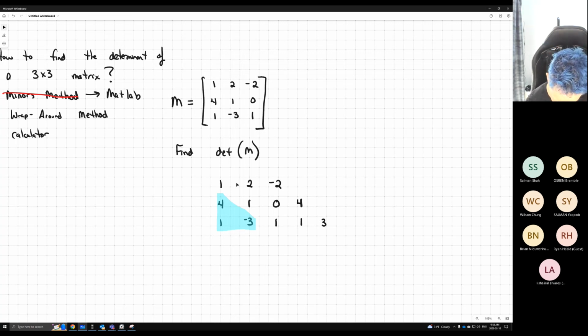Shift that -3 over. And you can see I've done it right there. Now let me get rid of the highlighting. Make sure you see where that's coming from.